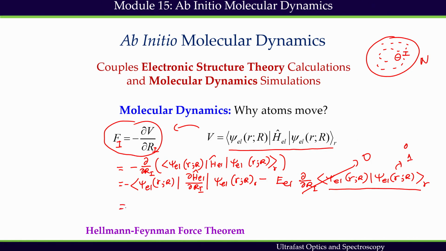Finally, the force acting on the ith nucleus can be calculated as psi electronic wave function r, the first derivative of the Hamiltonian with respect to R, psi electronic r.